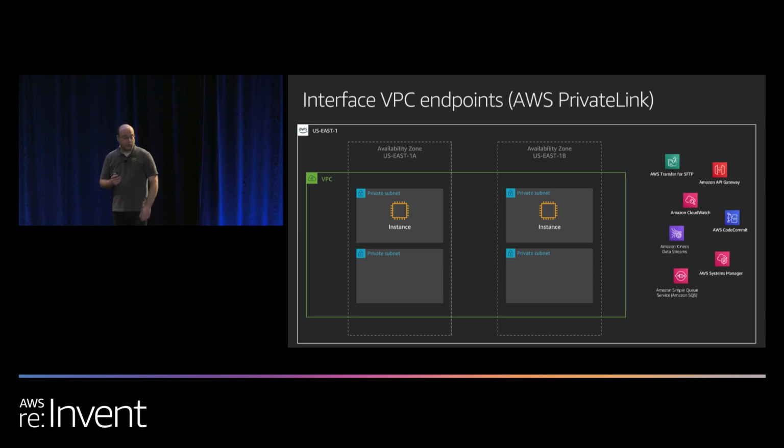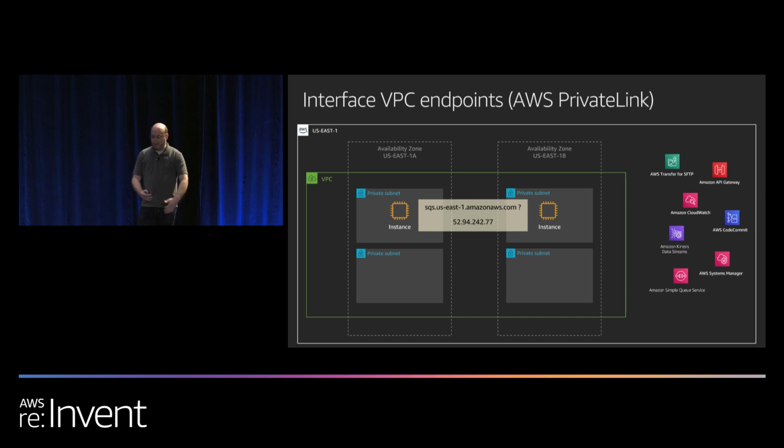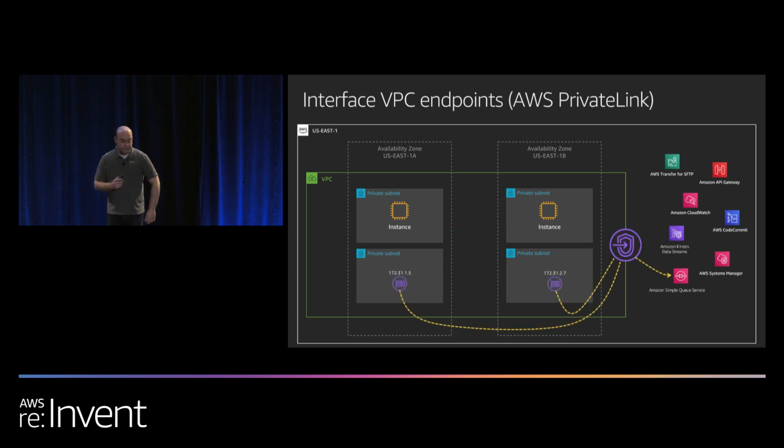The other type of endpoint is called an interface endpoint, where we use network interfaces. In that case, here we have a VPC. It has no internet gateway. I resolve SQS, the public DNS name. I get public IP addresses. Of course, that's not going to work because I have no internet gateway. There's no path. However, using interface VPC endpoints, I'm able to create network interfaces inside my VPC.